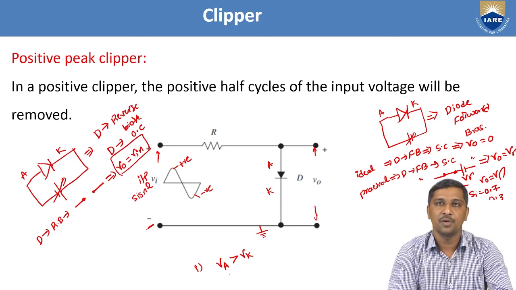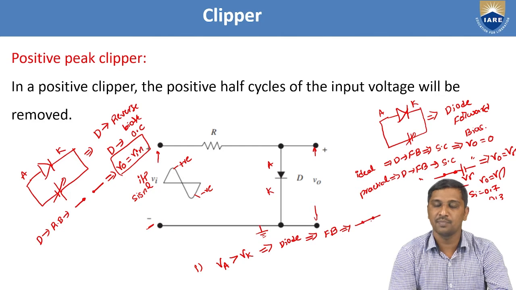If the anode voltage is greater than the cathode voltage, then the diode acts as forward biased. Under this forward bias, we can replace it with an equivalent circuit.